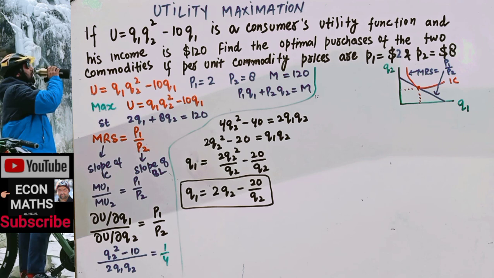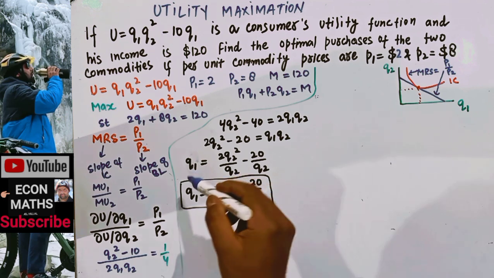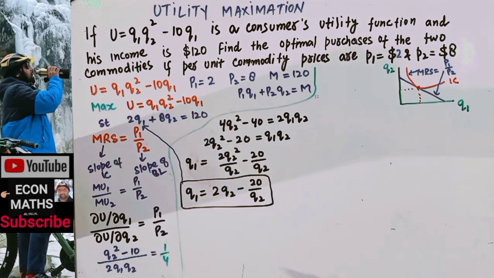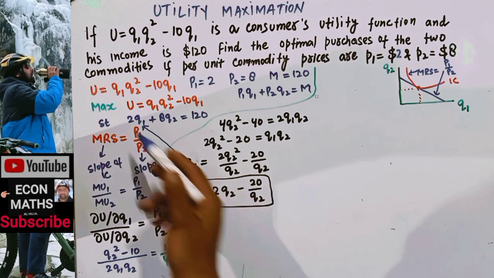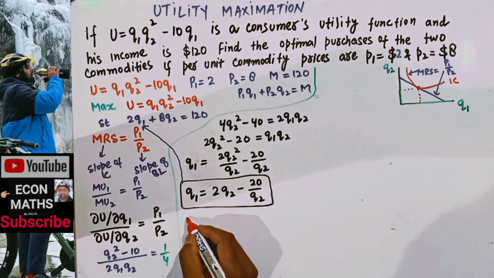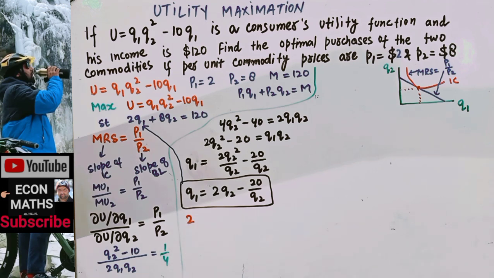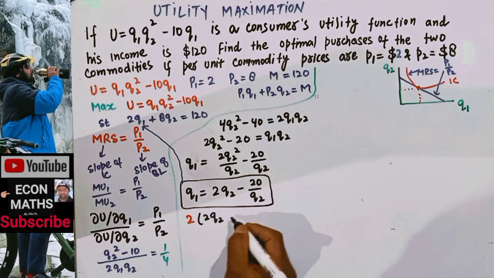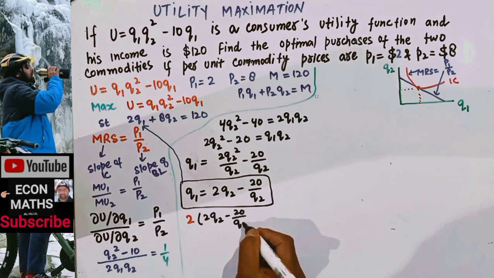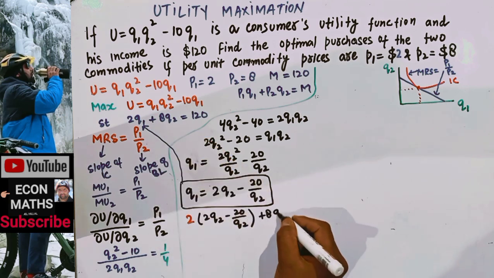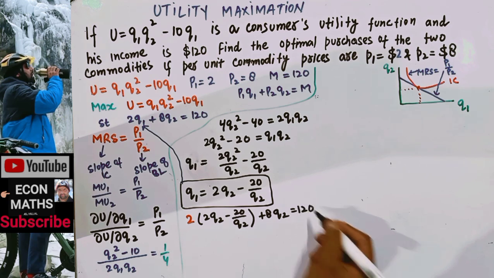Okay, now what will we do? We simply plug the value of q1 into our budget constraint. So in place of q1 here we plug the value. Simply plug q1 is equal to this stuff into the budget constraint. That means in place of q1 we have twice q2 minus 20 divided by q2, then we have plus 8 q2 is equal to 120.